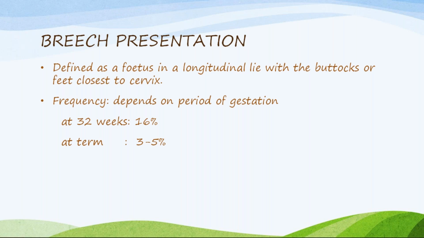Lie is the relation between the fetus and the long axis of the maternal uterus. So, lie is the relation between the long axis of the fetus and the maternal uterus.